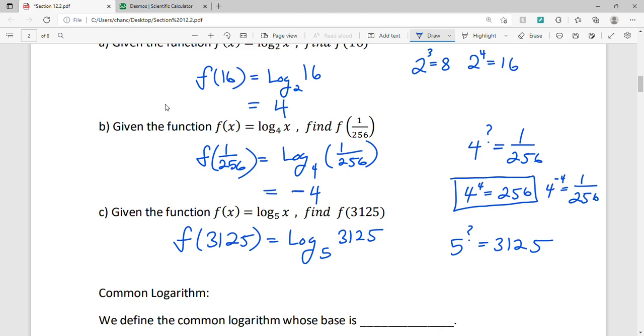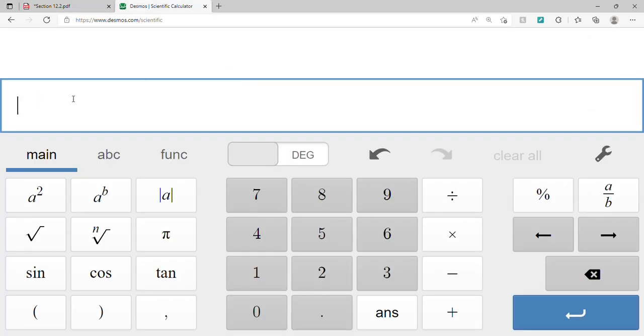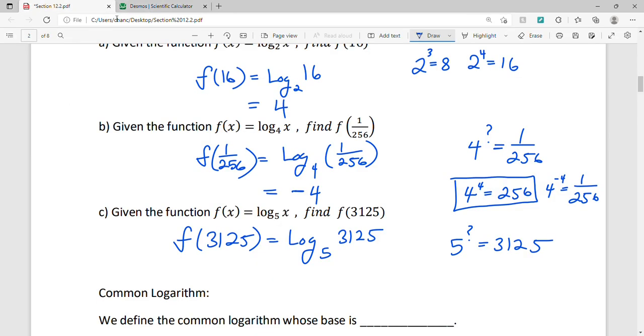I'll go on to Desmos. 5 raised to the 4th is too small, so we'll check again. Let's try 5 raised to the 5th. 3,125. This means log base 5 of 3,125 is equivalent to 5.